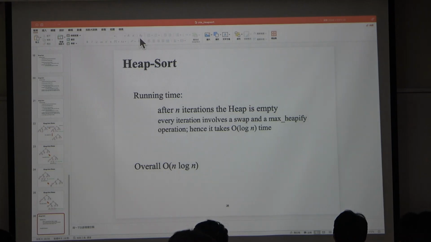Heap sort actually has many good advantages. First, obviously it's one of the advanced sorting algorithms, because the time complexity is n log n, right? Second, if you consider the whole heap sort process, you will find that there's no additional space required, right?